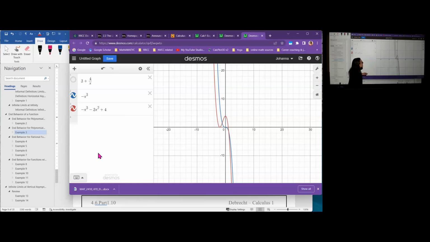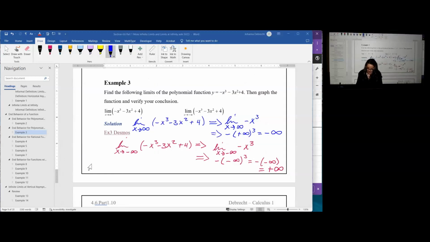All right. When I'm looking at these, notice that they both go towards positive infinity as x goes to negative infinity, and they both go to negative infinity as x goes to positive infinity. And that's the result that we had in our example.